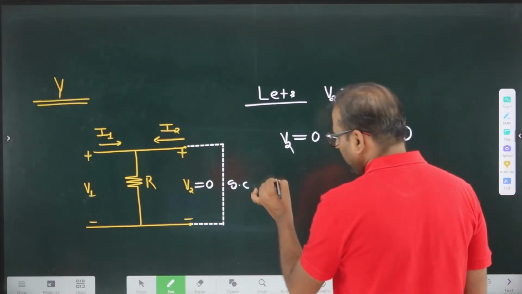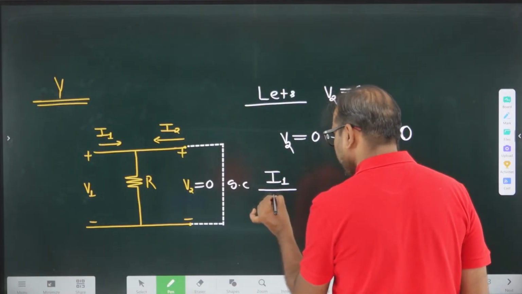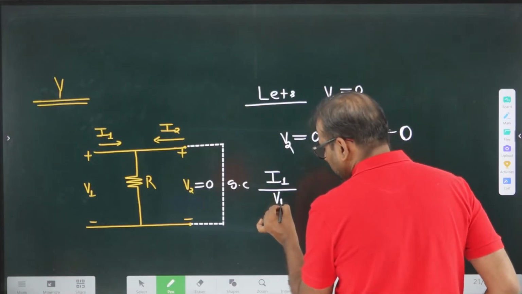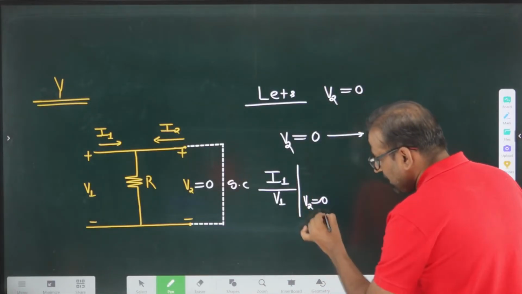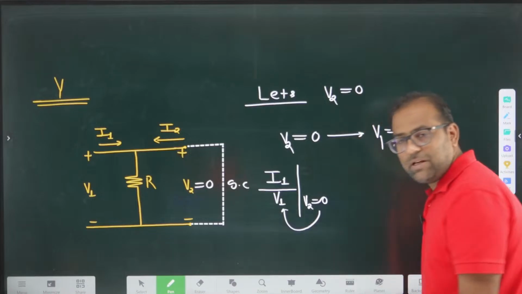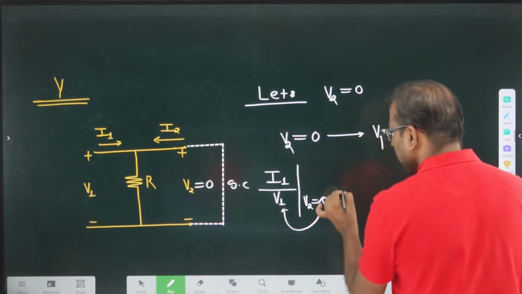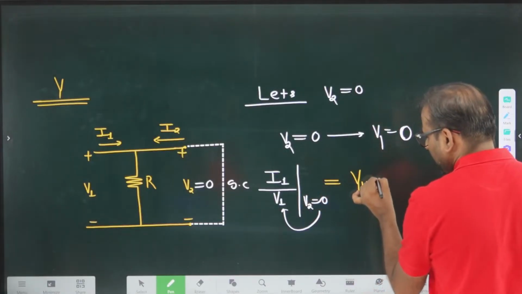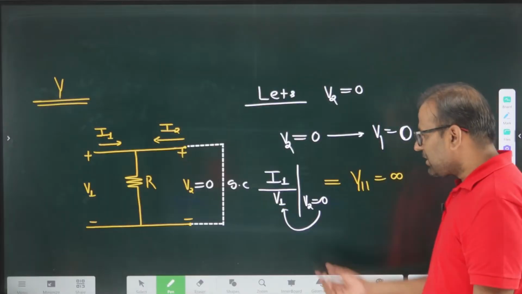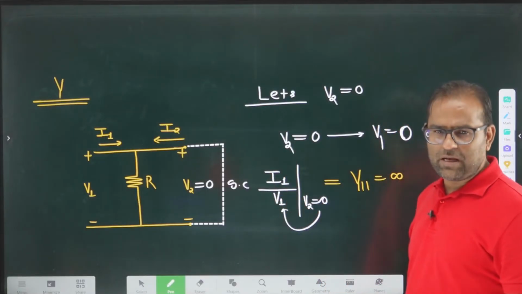Let's say the first parameter is I1 divided by V1 by making V2 equal to 0. But you will say, sir, V2 equal to 0 will make V1 equal to 0, and if V1 is also 0, this parameter is known as Y11, and Y11 is what? Infinite. Some finite divided by 0 is what? Infinite number.